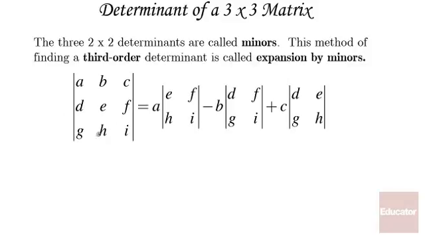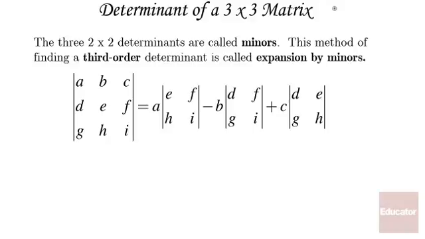So I'm looking here, and it's asking me for a third order determinant, so it's for a 3 by 3 matrix. One way to find it is to do what's called expansion by minors and break this down into 3 second order determinants.